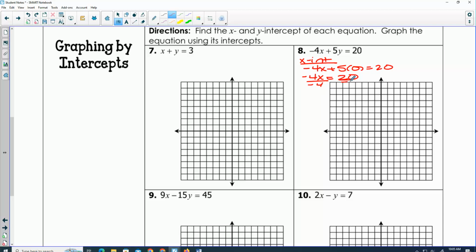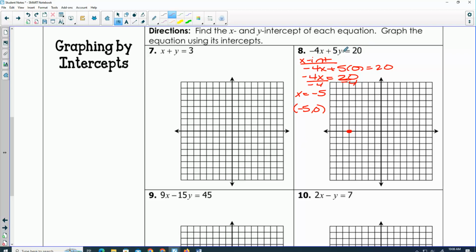Divide by negative 4. 20 divided by negative 4 is negative 5. We know that as a point would be negative 5, 0, or you can think I hit the x-axis at negative 5. So we can put a dot there. And we know it only takes 2 points to graph a line, so here's one of them.